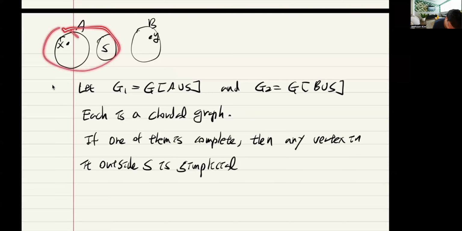If this one is complete, then this vertex is simplicial because its neighborhood is also here. This may not hold here because this might have neighbors here, and then these are non-adjacent. But as long as you choose it from here, this is simplicial.